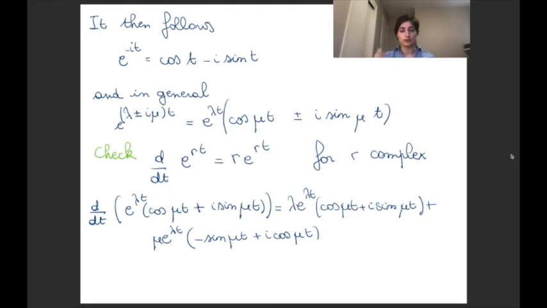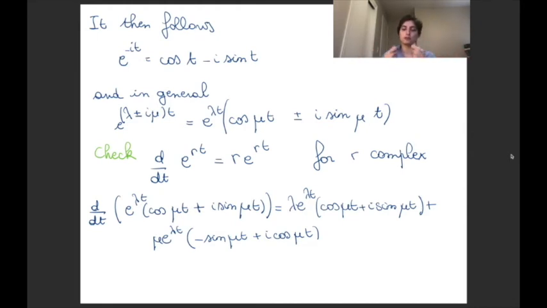It's a bit cumbersome, but you write it all out. We use that r is equal to lambda plus i mu, and we retrieve exponential of lambda t times cos mu t plus i sin mu t. We take the derivative with respect to time of the first block and the second block.